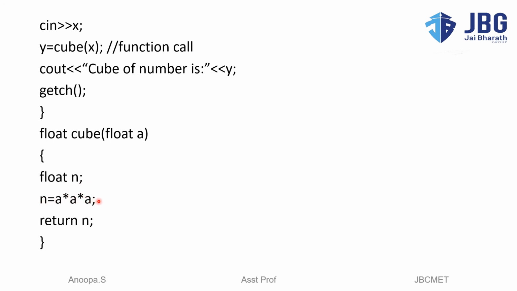Here I am finding the cube. Return n. So this returns the cube of the number, and the data type is floating point. If I give the number as 2, I will get 8, and the cube of the number 8 will be displayed.